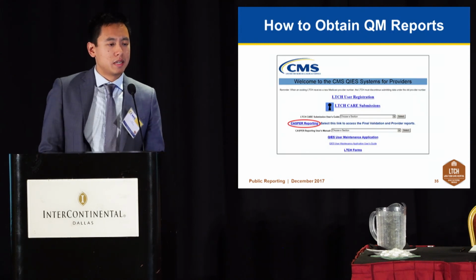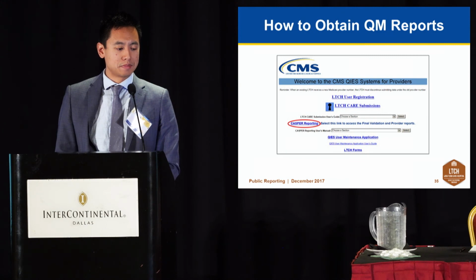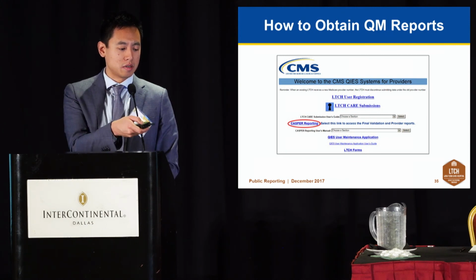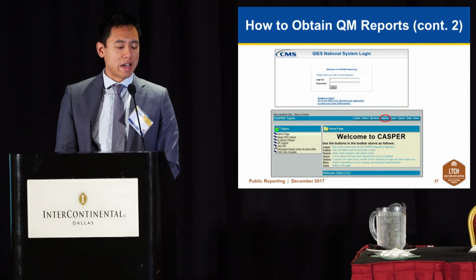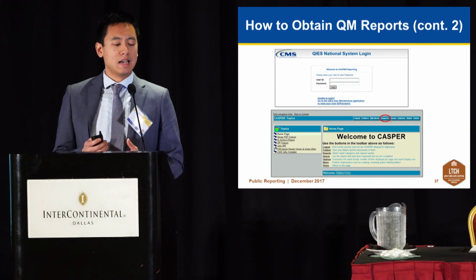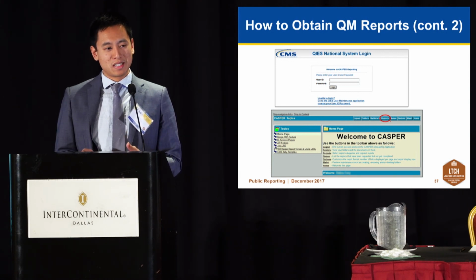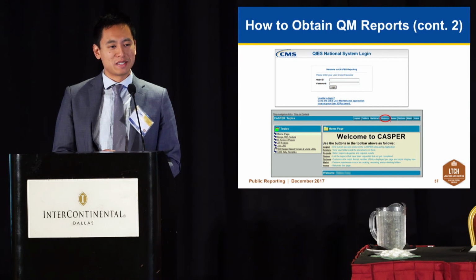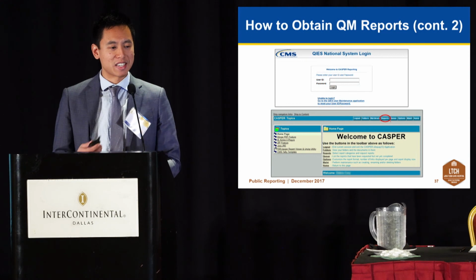And then how to obtain the QM reports. It's very similar to the review and correct reports. So pretty much log in, and it's the same thing, except that if you look at the interface, instead of saying Q4 2017 end date, you'll see that it says December 31st, 2017. So it just gives that specific date.